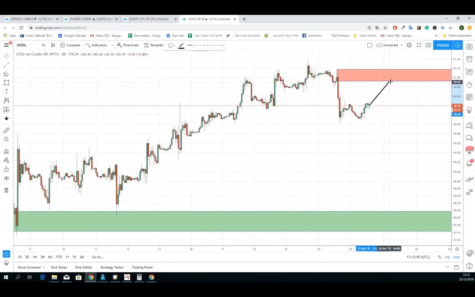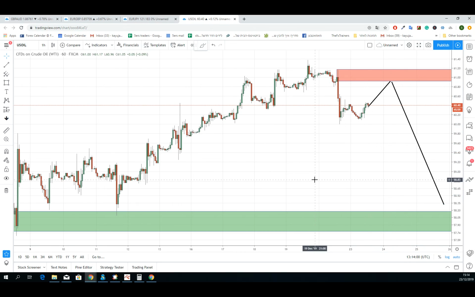Let's take it as a picture and paint on this chart. Okay, that's the situation that I'm waiting for. Now the price is still ranging at the same level, but if the price retraces and goes up to visit this supply again, I'll definitely consider selling at this supply.